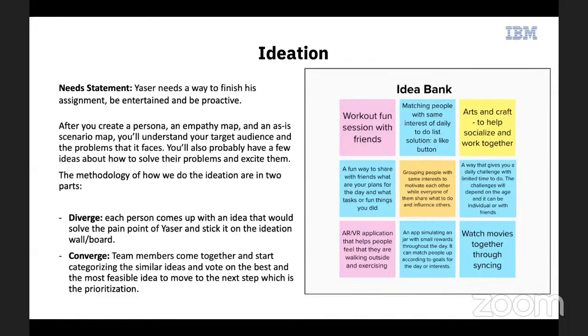And after each one of you is done coming up with ideas, you move to the converge, which is everyone shares their ideas and discusses what their ideas are all about.